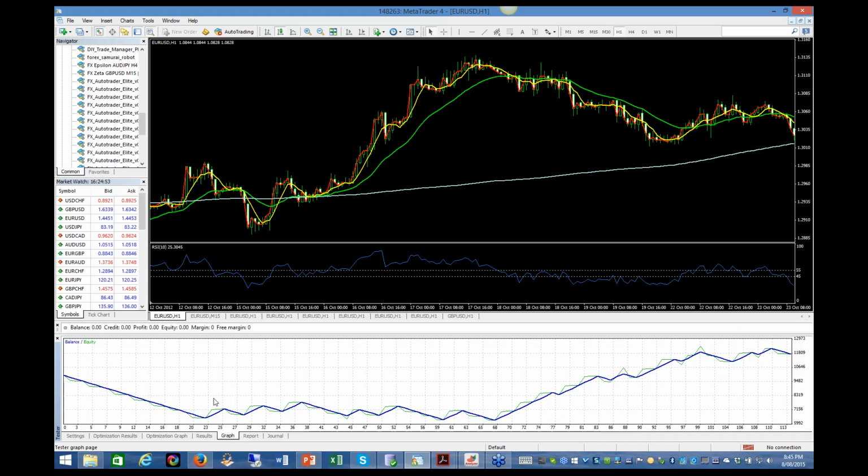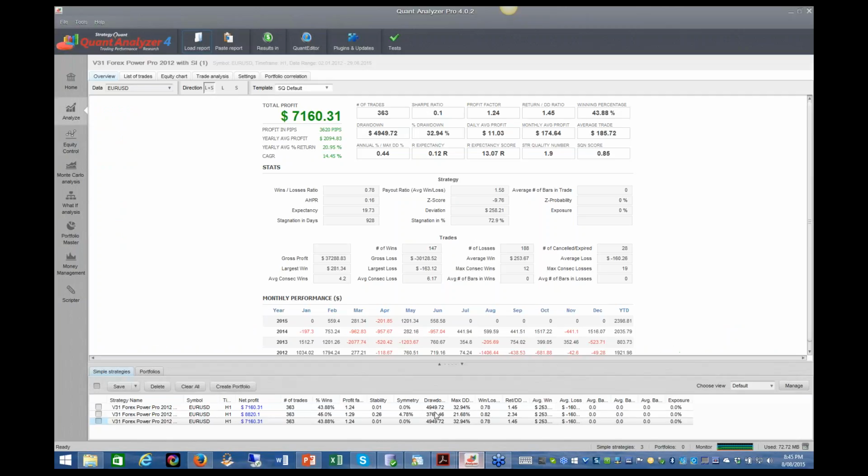I did find in the other settings that I showed you on my Quant EA, where in this case, instead of having my MA crossover of 5 over 200 on the 4 hour, I had it on the 1 hour, in that case, the scale-ins did actually enhance the profitability of this particular strategy.